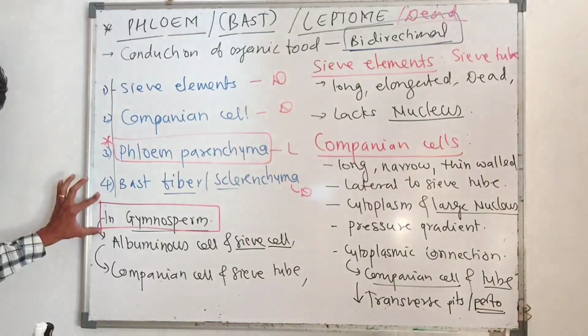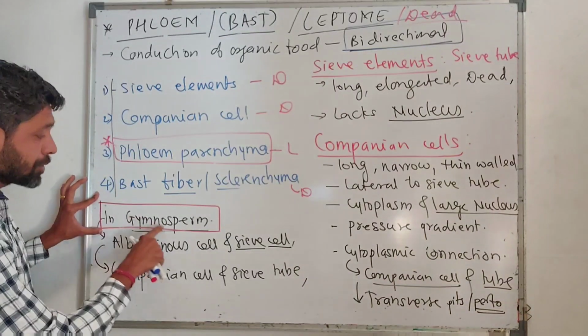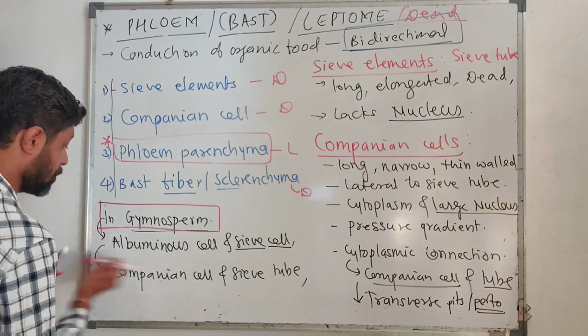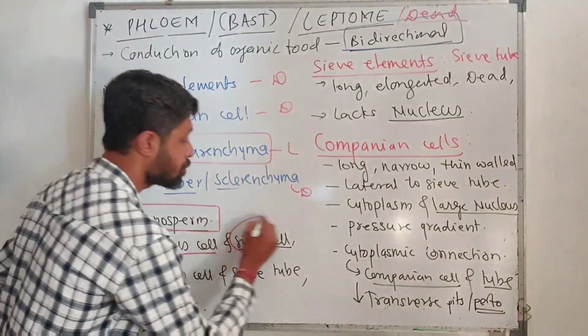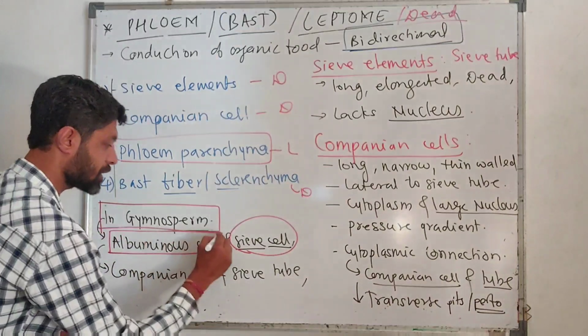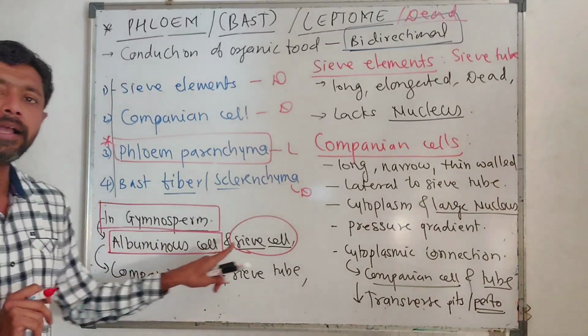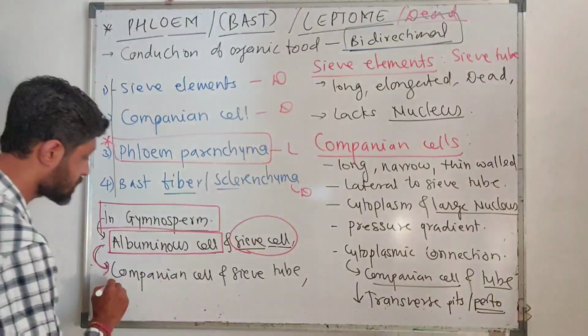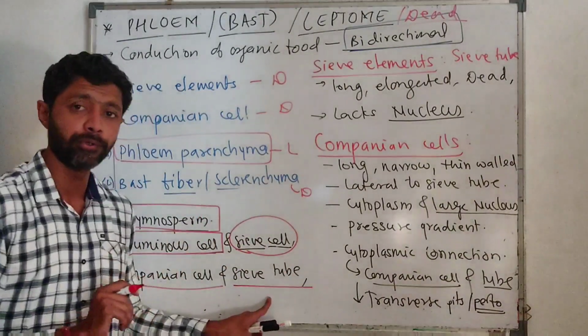The most important thing to remember: in gymnosperm there is a presence of albuminous cell and sieve cell. Instead, in gymnosperm there is an absence of companion cell and sieve tube.